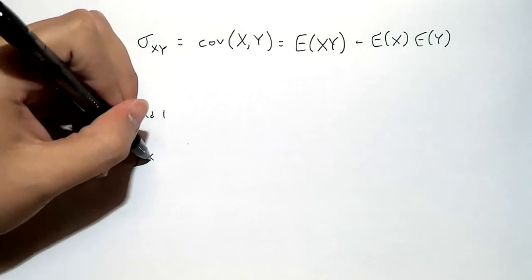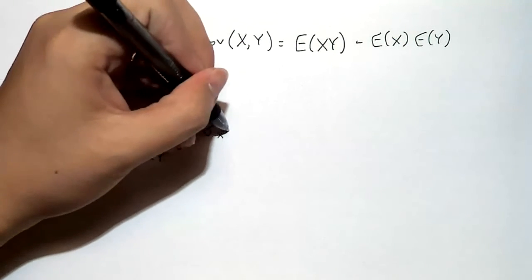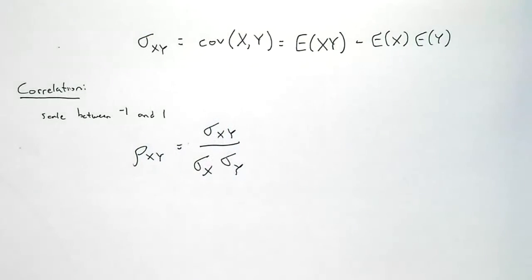The correlation, which is rho of xy, is going to be equal to the covariance divided by the standard deviations of each individual variable. What this means is that if the covariance is equal to the product of the standard deviations of the individual variables, then the correlation is 1 or -1, depending upon its sign. And that kind of gives us total correlation, right? The most quantifiable or observable relationship between the two.